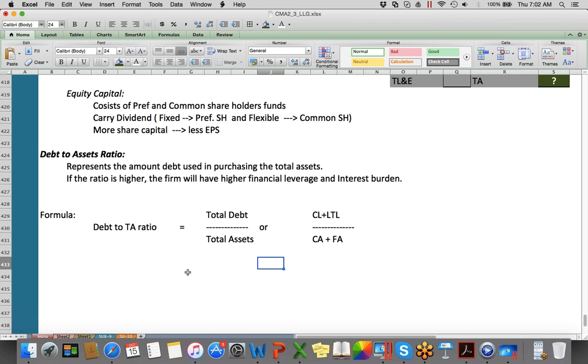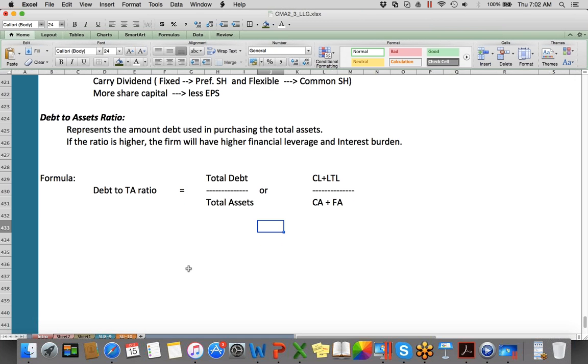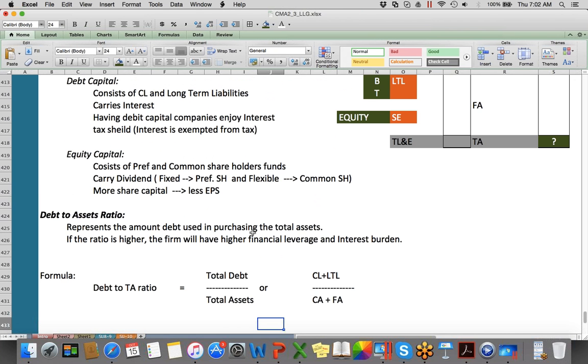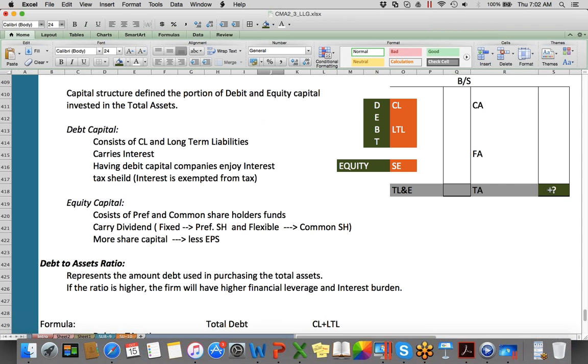Okay, so this ratio should preferably be less than 50% always. Why? Because these assets should be contributed less than 50% from the total capital. Around 60-70% should be equity, and 30-35% or 40% should be from debt.